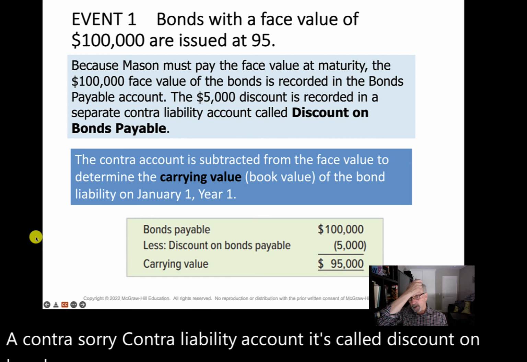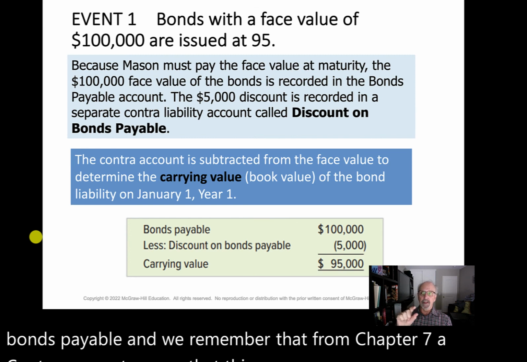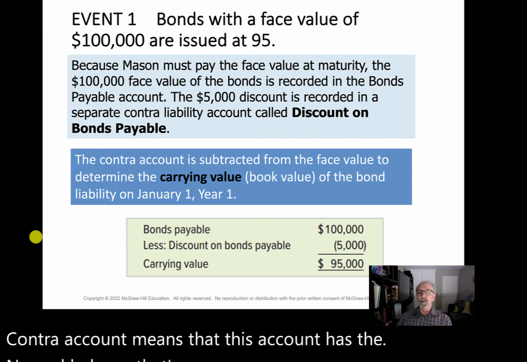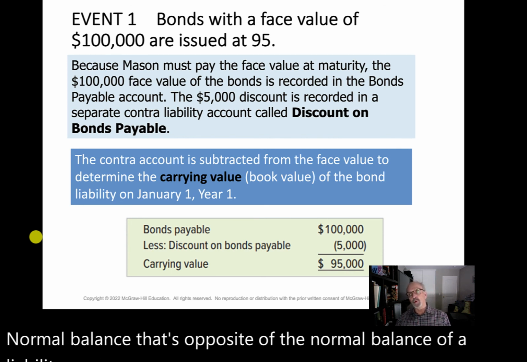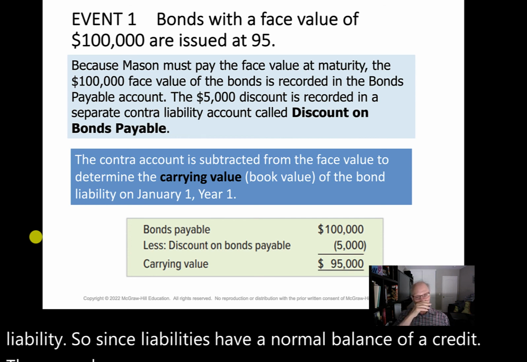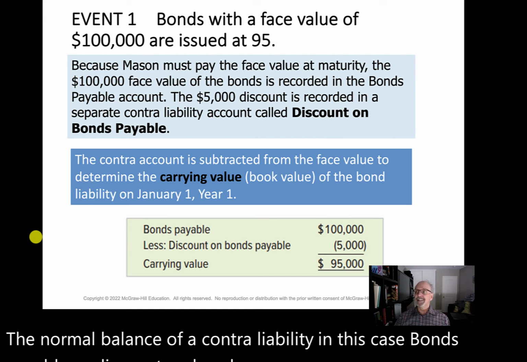We remember from chapter 7 that a contra account has a normal balance opposite of the normal balance of a liability. So since liabilities have a normal balance of a credit, the normal balance of discount on bonds payable is a debit.